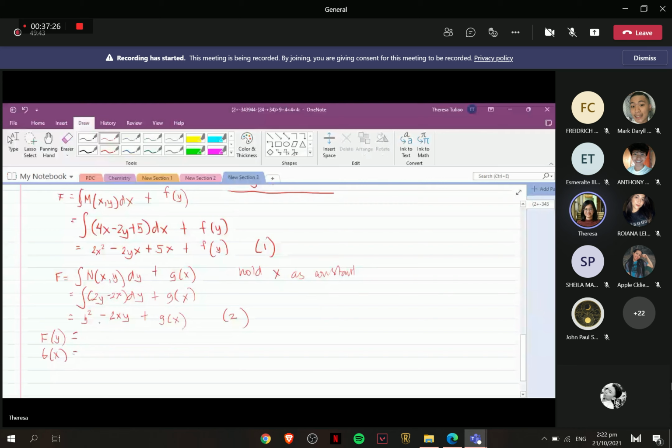So, we have that from the first equation, minus 2yx. Okay? And then, meron ka ding y dito, yung y squared. Okay? And then, meron ka ding, saan na? Saan tayo?